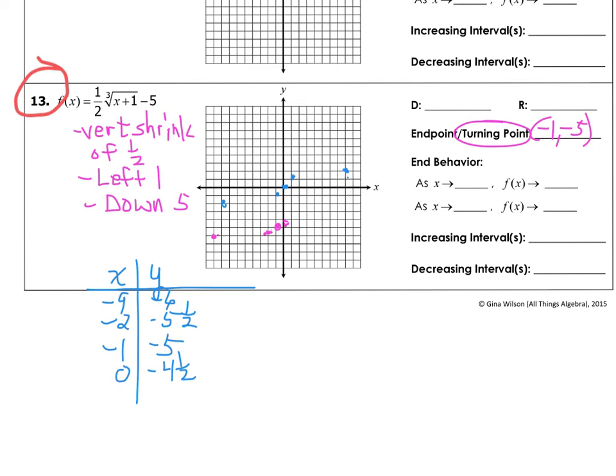Left 1 is going to be a 7. So I'm going to try 7. 7 plus 1 is 8. Cube root of 8 is 2. Half of 2 is 1. A 1 and a -5 is a -4. So to the right 7, down 4.